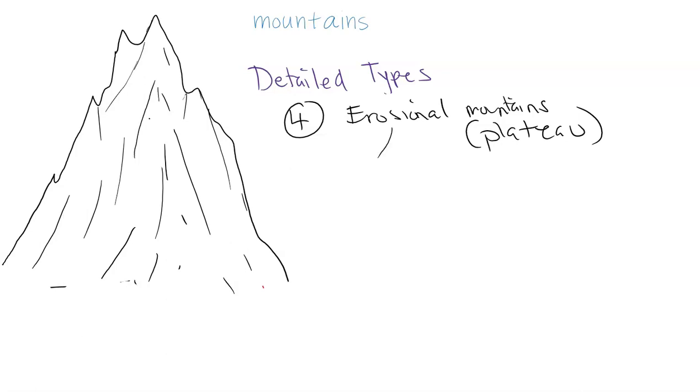Erosion is that beautiful, destructive part of Mother Nature, part of the science, whereby rock material is broken down into small pieces, and then transported to a different location through various erosional agents such as ice, wind, and water. Water being the most popular, most common. So mountains being formed from erosion is kind of a hard concept to grasp.